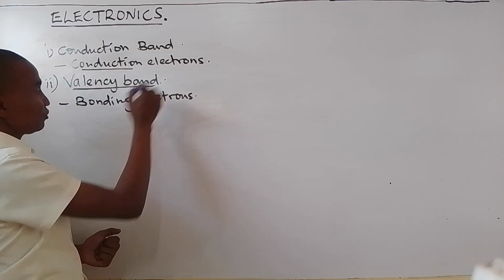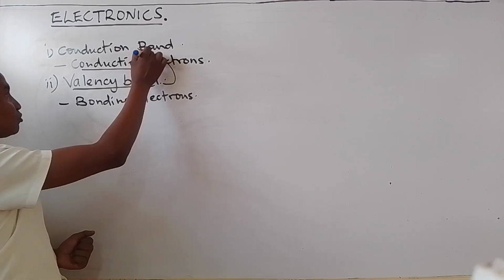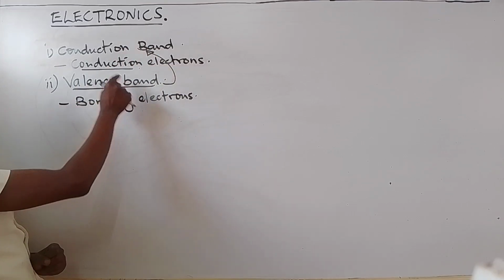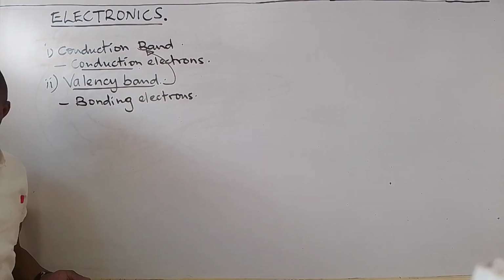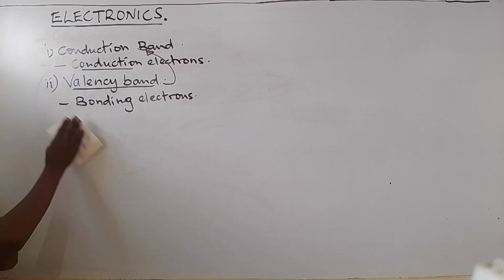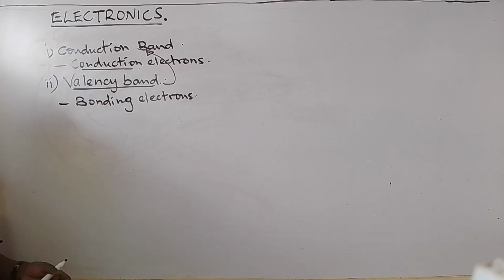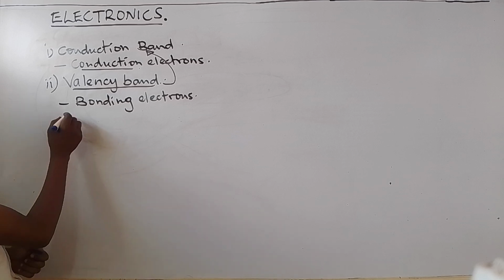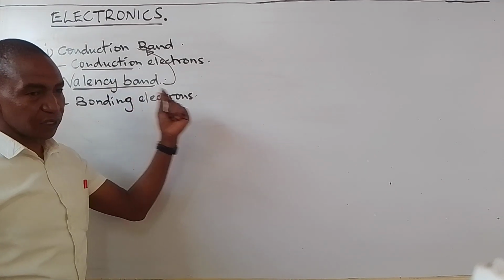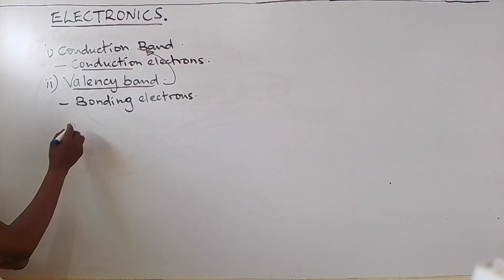But if it moves from the valence band to the conduction band, the same electron can now participate in conduction. Now this conduction and valence band can be used to give differences between conductors, semiconductors, and insulators.